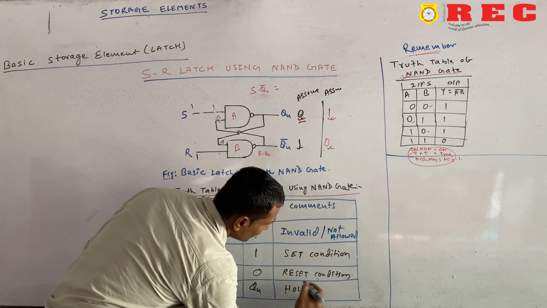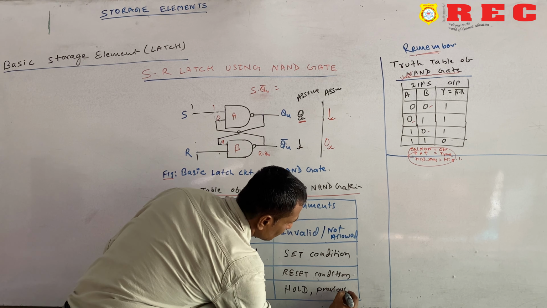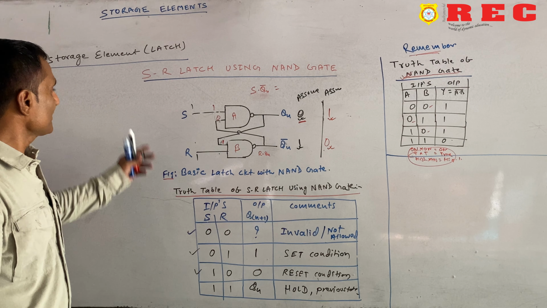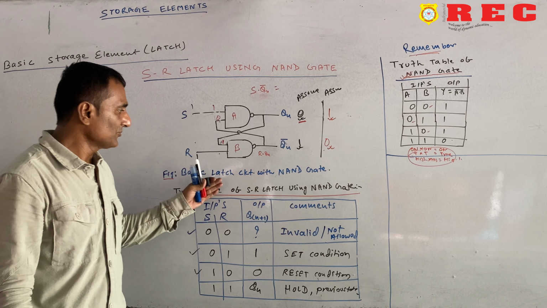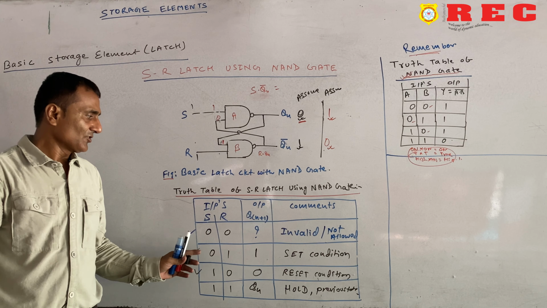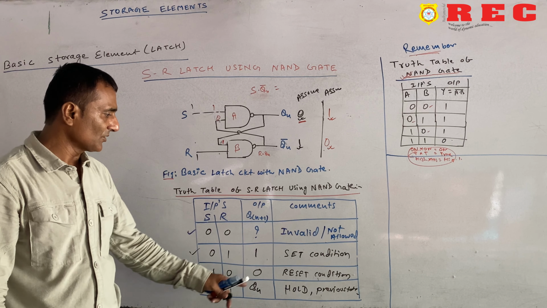It was holding the same state, or we can say previous state. In this way, for this SR latch using the NAND gate, we have solved all 4 conditions. 0, 0 invalid, 0, 1 set condition, 1, 0 reset condition, 1, 1 the hold condition.